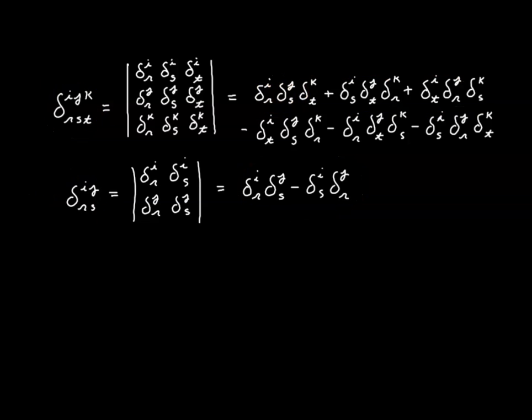Now, secondly, they both possess the metrinilic property. The covariant derivative, for example, with respect to m of delta ijk rst is going to be equal to 0. Well, how do we know that? Well, if we're going to take the covariant derivative of this expression, we have to take the covariant derivative of each term separately.